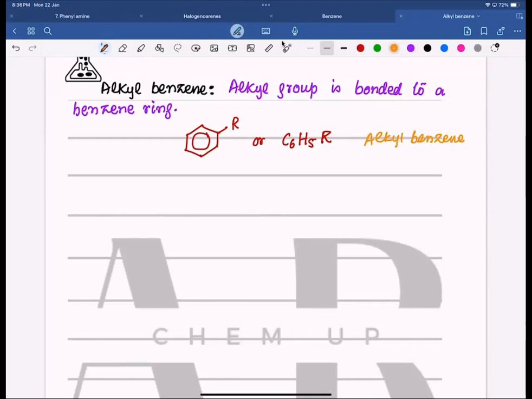Okay. Now, for example, if the benzene ring is bonded to a CH3, then what will be its name? Methyl benzene. Or if it's bonded to CH2CH3, which is also written as C2H5, so what will be its name in this?